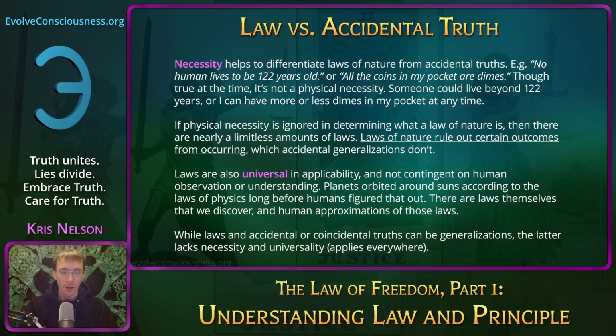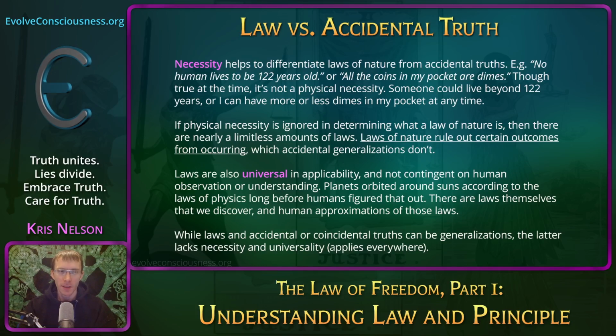Or the accidental truth of all the coins in my pocket are dimes. Well, though true at the time that no human being has lived up to or past 122 years old, and all the coins in my pocket are dimes, it's not a physical necessity, hence the necessitarian theory. Someone could live beyond 122 years, or I can have more or less dimes in my pocket at any time.